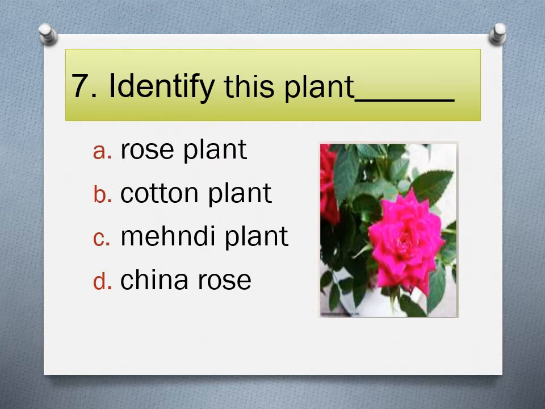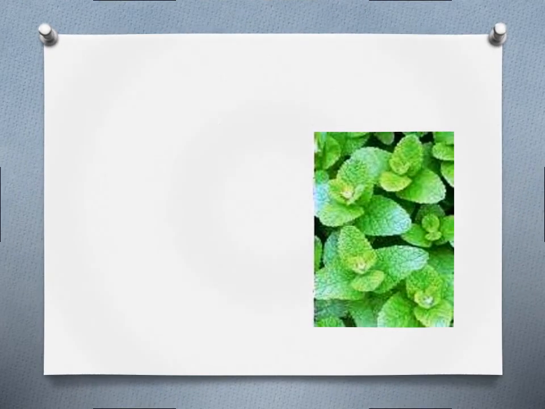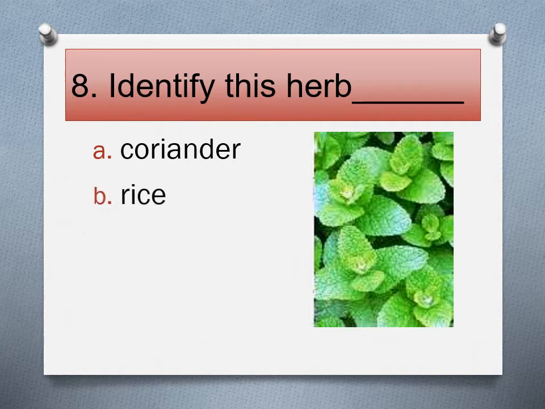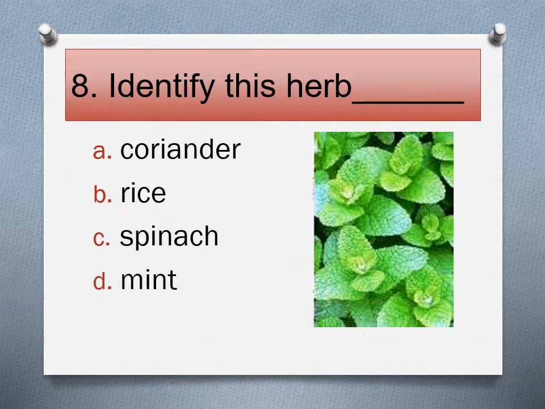Very good, children. Identify this herb. A, coriander. B, rice. C, spinach. D, mint. Can you identify which herb it is? Yes, it is mint. Mint is our correct answer.